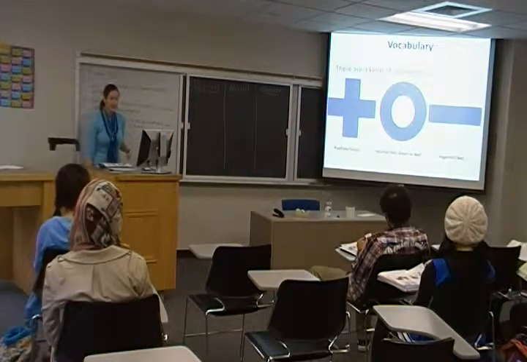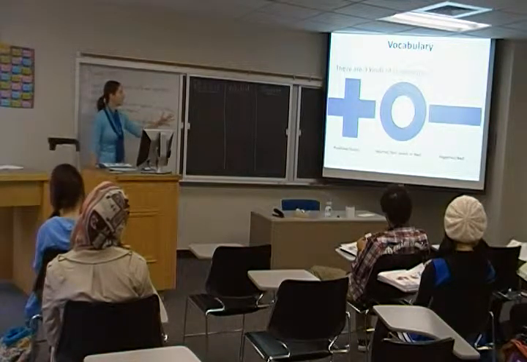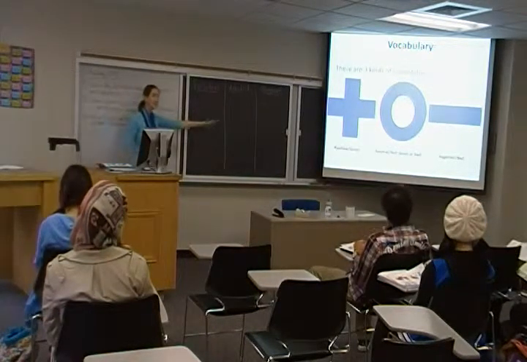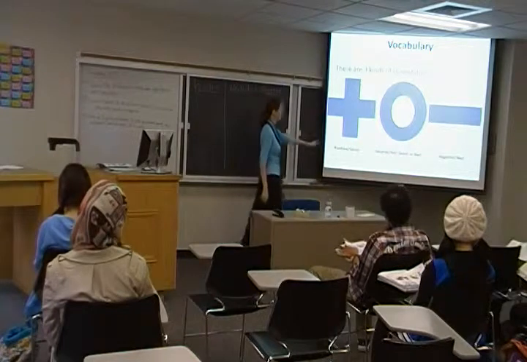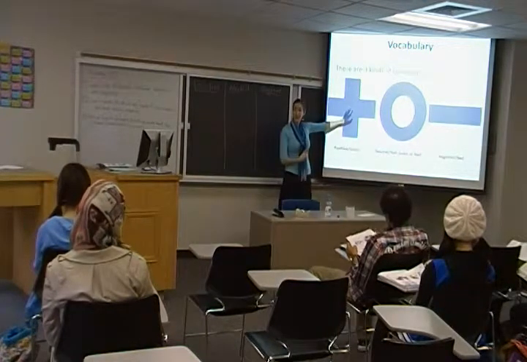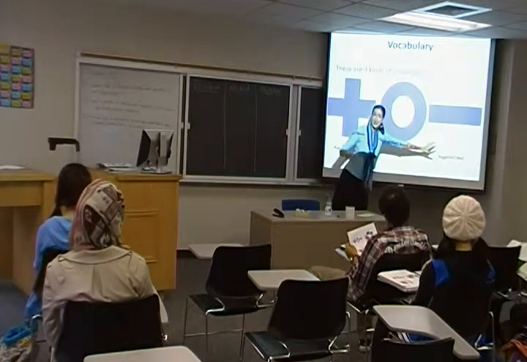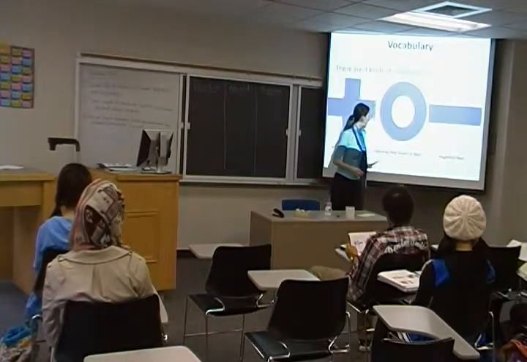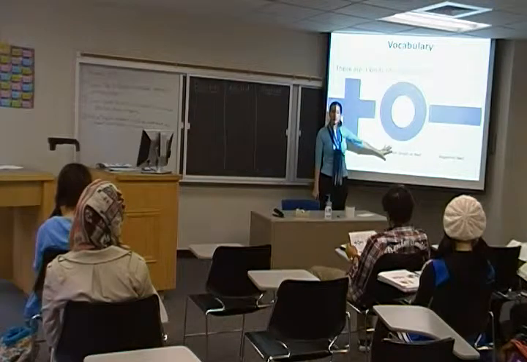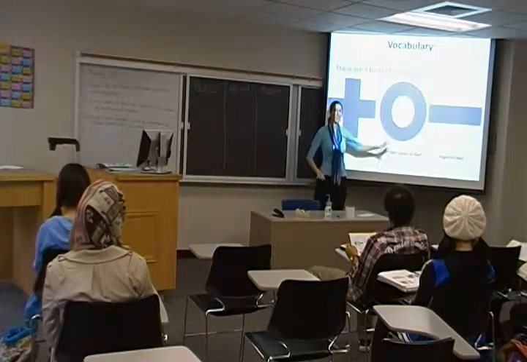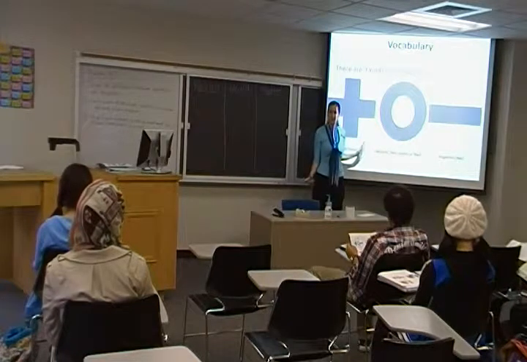So lastly, we've talked about 3 kinds. We have positive or good connotation. That was what my students thought about fat. We have negative or bad connotation. That's what I thought about fat. And then we have neutral, which is a word we use a lot. Neutral means not good or not bad.